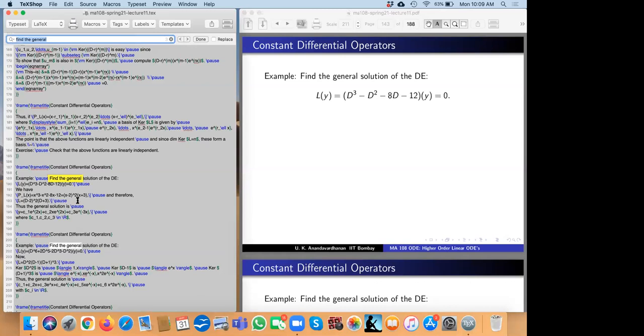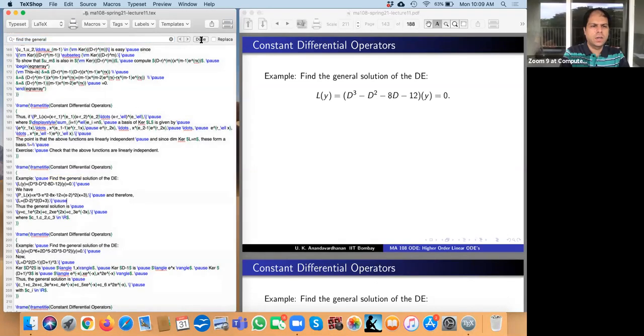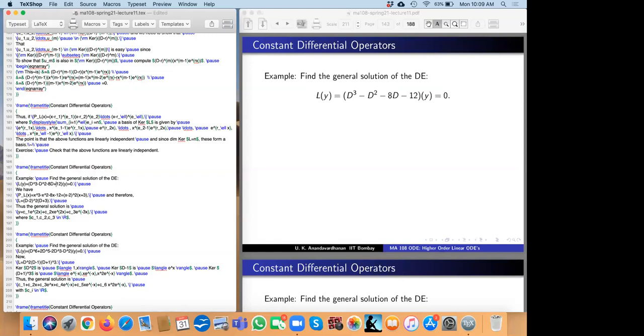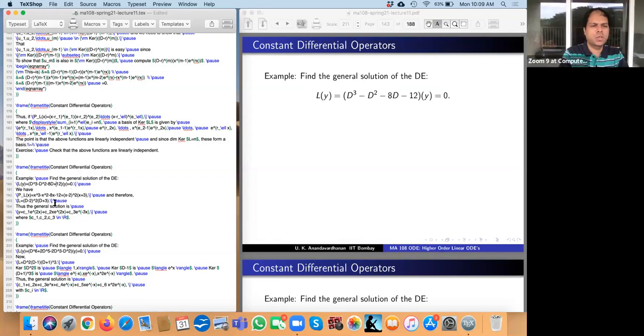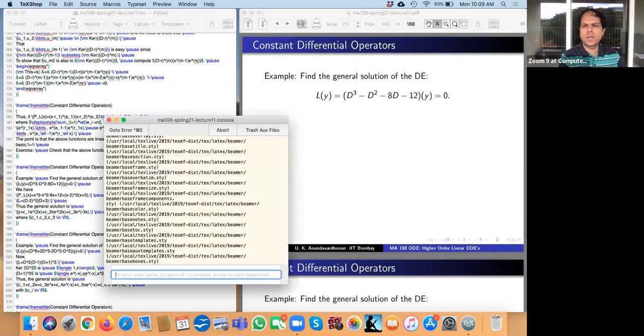I have reached there. Is the font big enough? Can you see what I'm changing? I changed it to plus there, and once more I changed it to plus there, and I compile, and you should be able to see the corrected PDF.